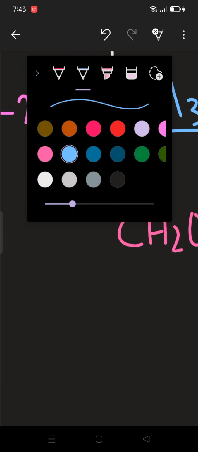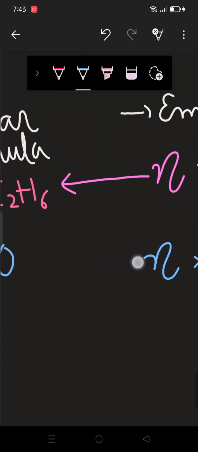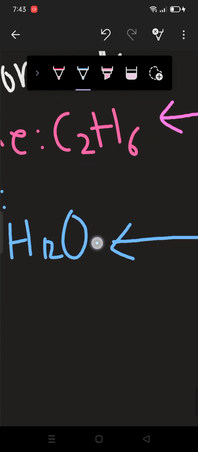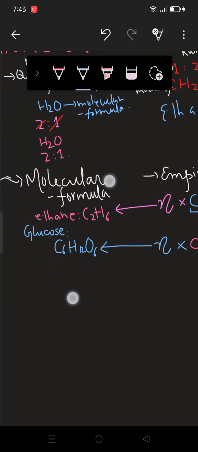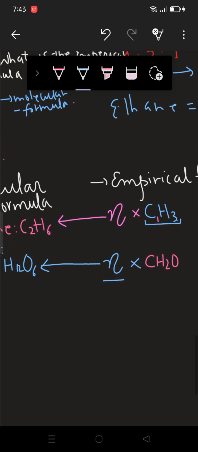I need to multiply a particular number with this empirical formula to get the molecular formula, right? Now I need to find this n. How am I going to find this n? It means what particular number do I need to multiply with the empirical formula so that I can get the molecular formula of it.